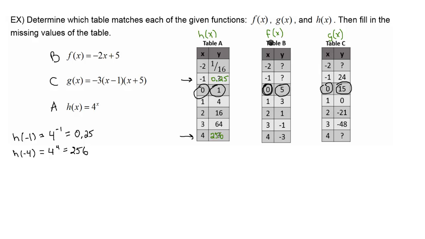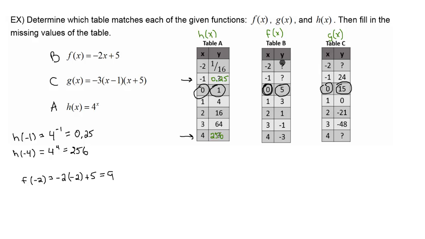Moving on, I'm going to evaluate f of x here for negative 2 and negative 1. Negative 2 times negative 2 is 4, plus 5 is 9.